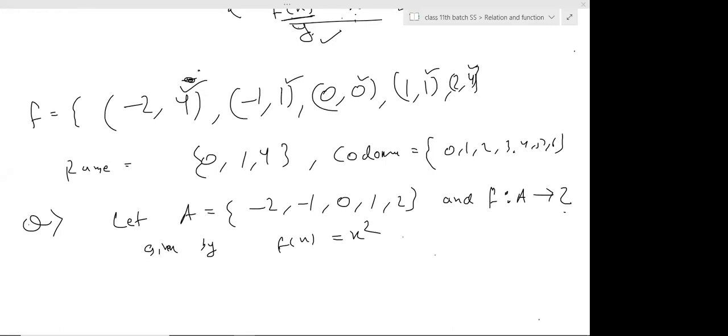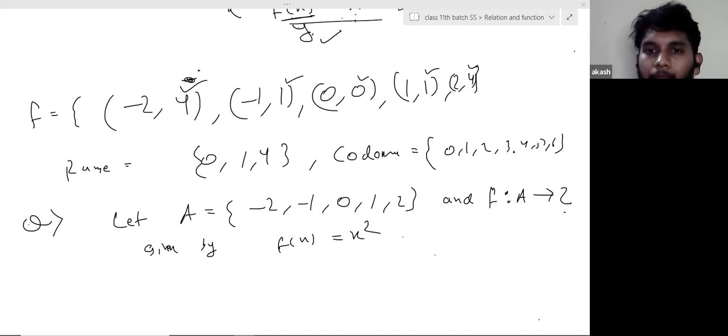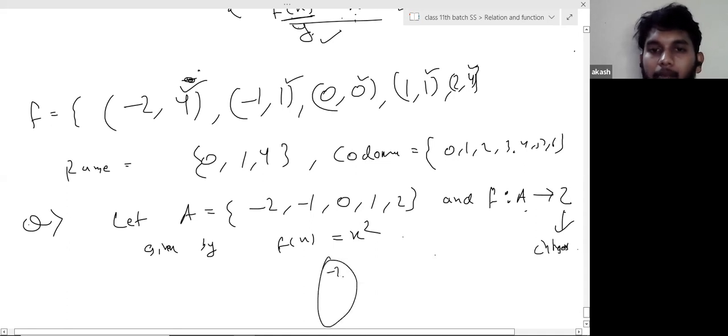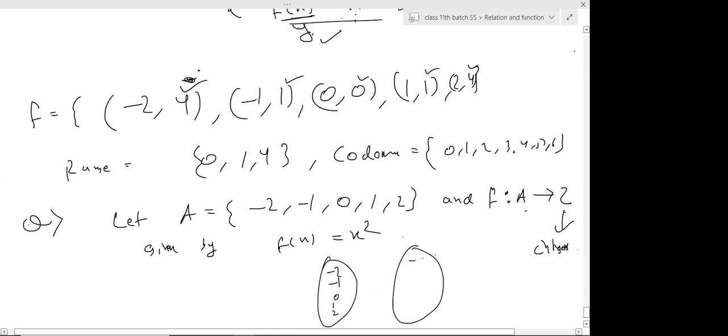A is -2... So f is from A to Z. Z is the set of integers. So here we have set A: -2, -1, 0, 1 and 2. Z means all integers, right?